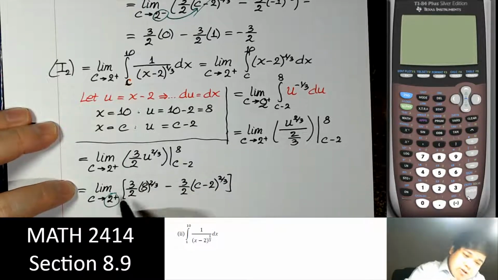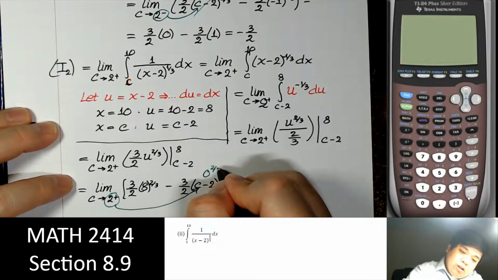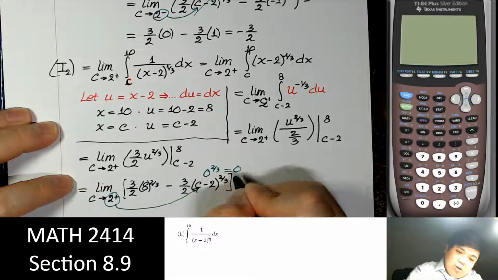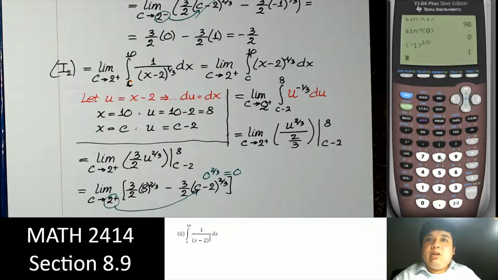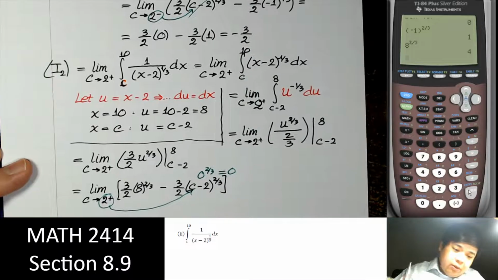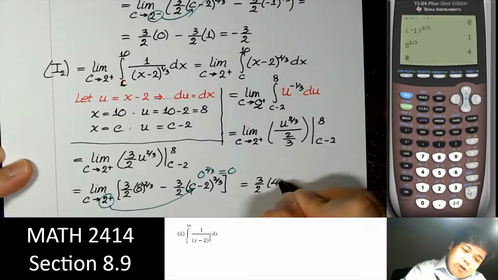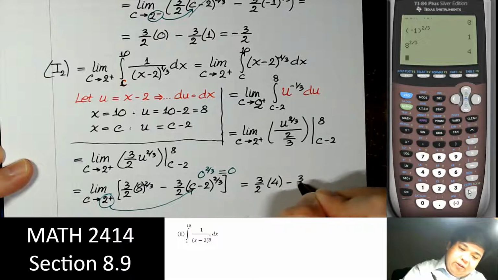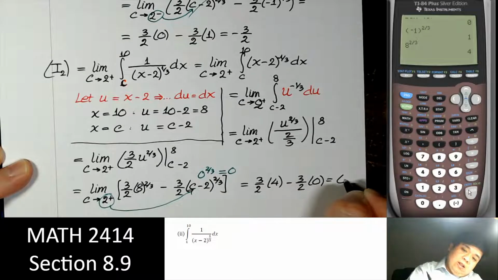Let's put in the numbers here. 0 to the 2/3 is of course 0. Now what is 8 to the 2/3? It is 4. So we end up with 3/2 times 4 minus 3/2 times 0. That gives us 6.